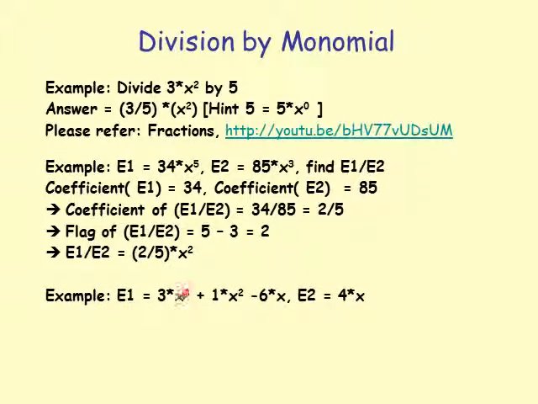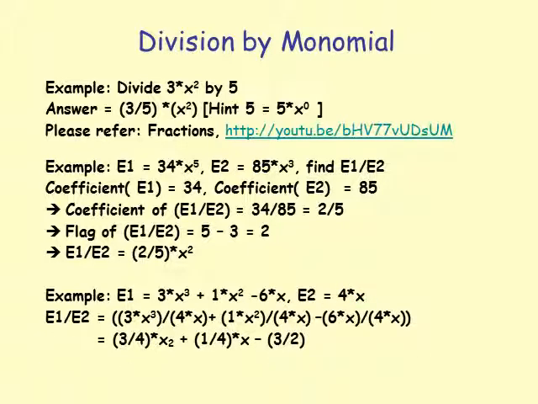Let's look at another example here. E1 is 3x cubed plus x squared minus 6x, and E2 is 4x. So we'll have 3x cubed divided by 4x, plus x squared divided by 4x, minus 6x divided by 4x. We divide by 4x every term one at a time, one monomial, then the next monomial.